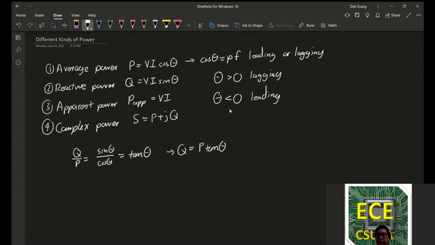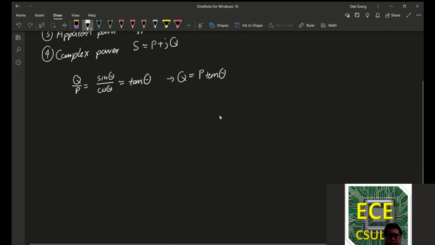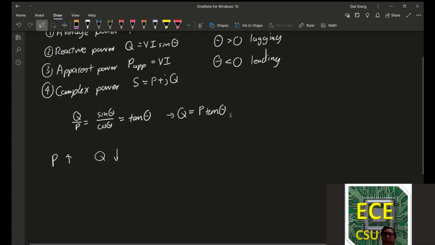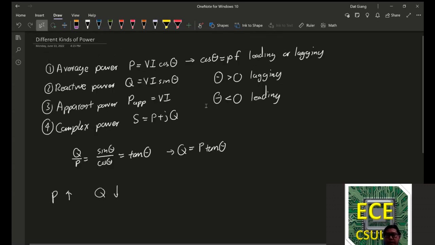Now, it's important for us to emphasize that finding power factor allows us to deliver the maximum amount of power while not absorbing any power that could be wasted. In other words, P must go high and Q must go low, so that our complex power is the same as our average power.